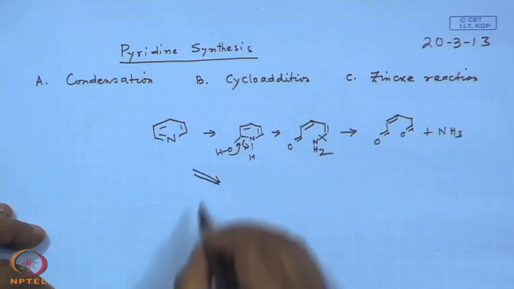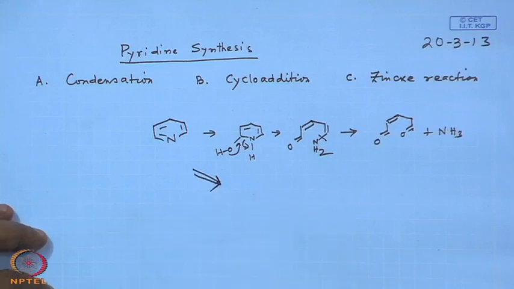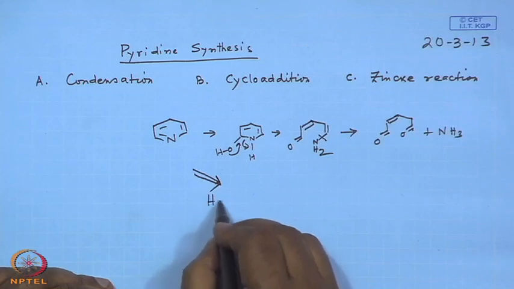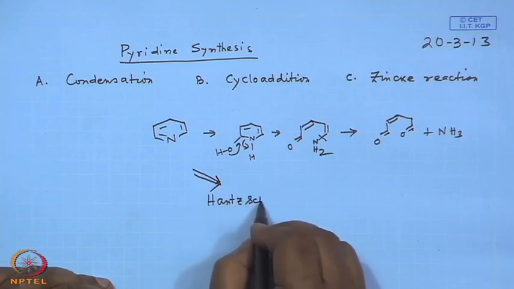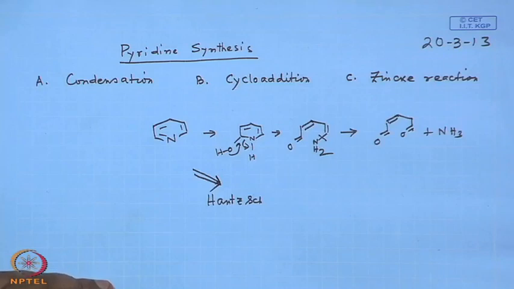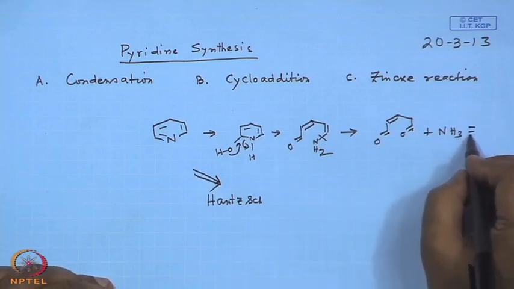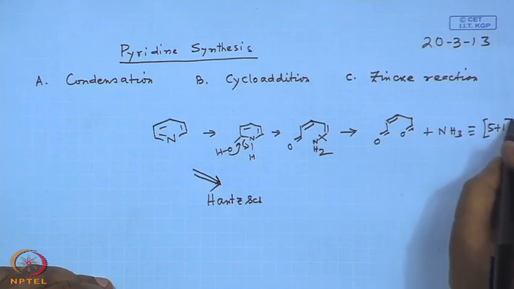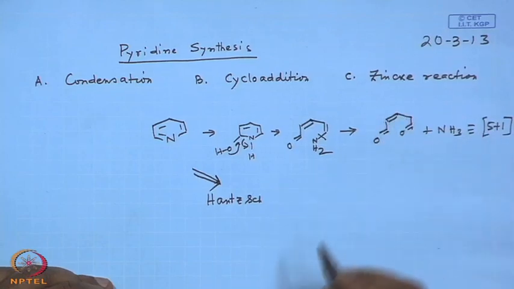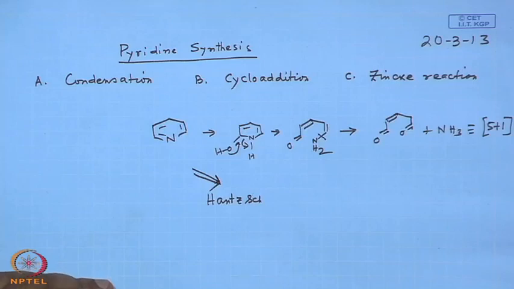But the most important one, I think many of you know in this series, is the Hantzsch pyridine synthesis. So, this is equivalent to 5 plus 1, that means you have a 5-atom system and a 1-atom system.